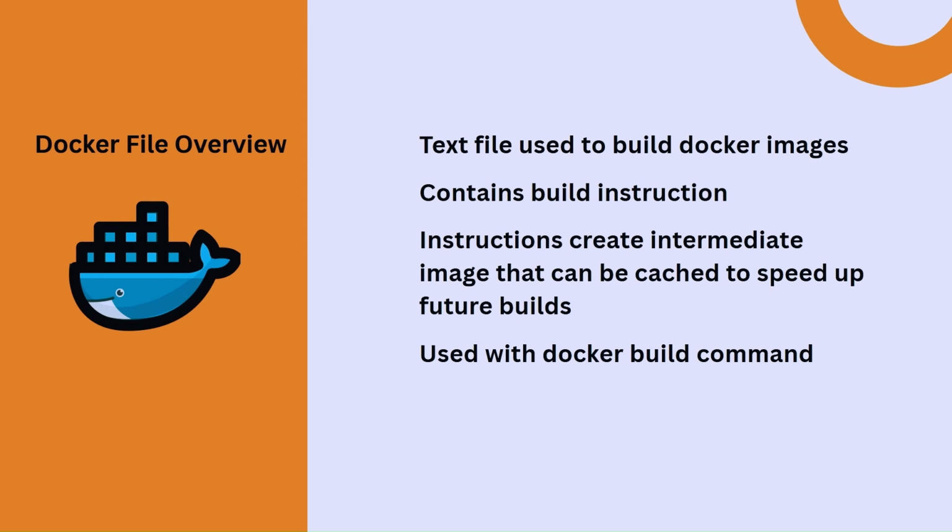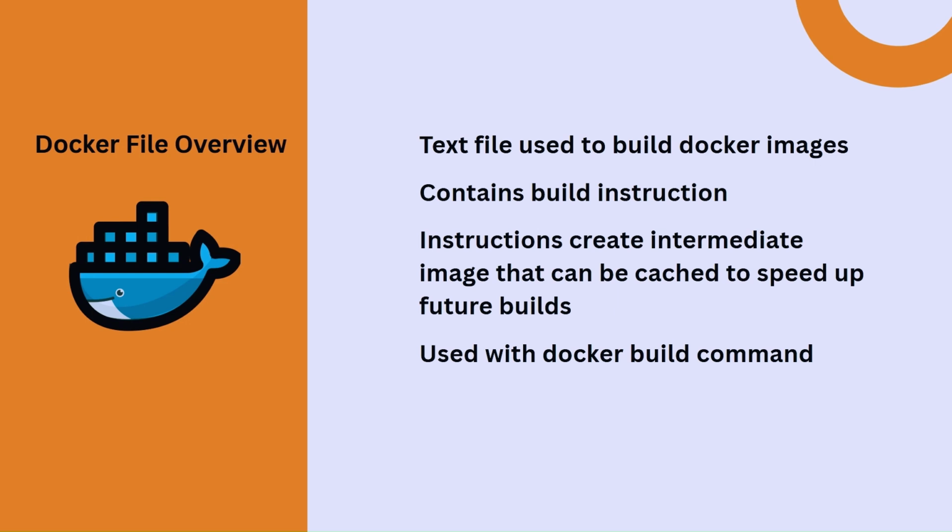Let's take a quick overview of what a Dockerfile actually is. A Dockerfile is simply a text file that contains the instructions needed to build a Docker image. Every line in this file tells Docker what to do: which base image to start from, what files to copy, what commands to run, and how the final image should behave.